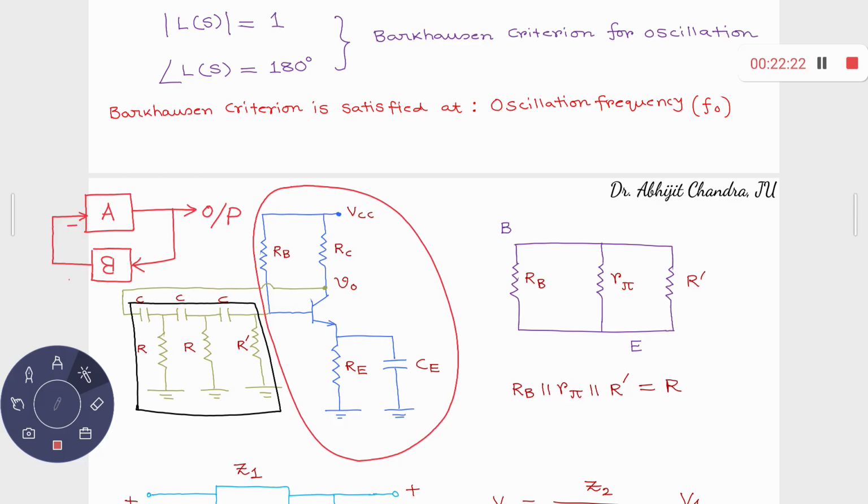It's a very good question. There is no input, still the output is obtained. It's a very pertinent question, and in most of the grand viva examinations, this is asked to the students. They can please explain whether this energy conservation law is violated in the oscillator circuit design or not.